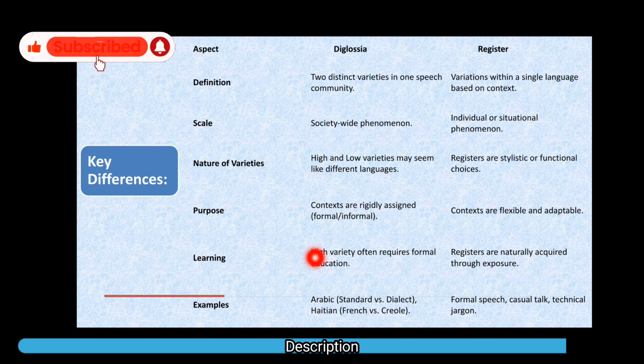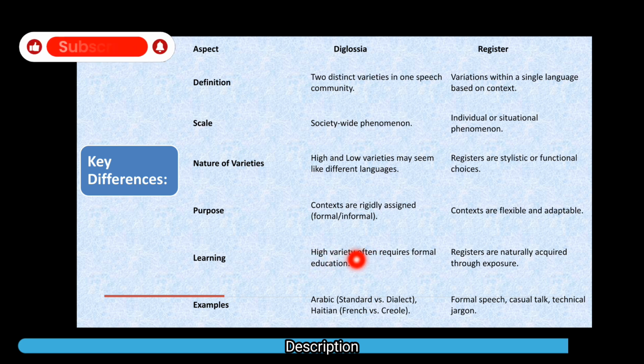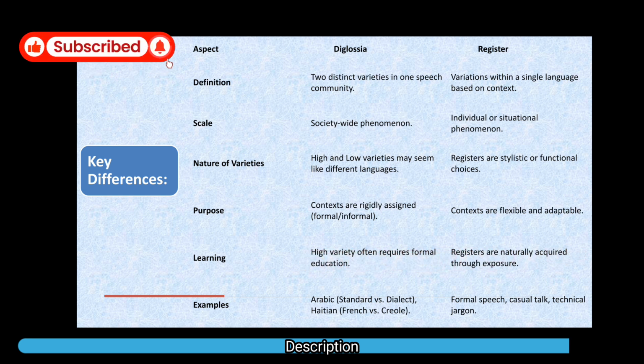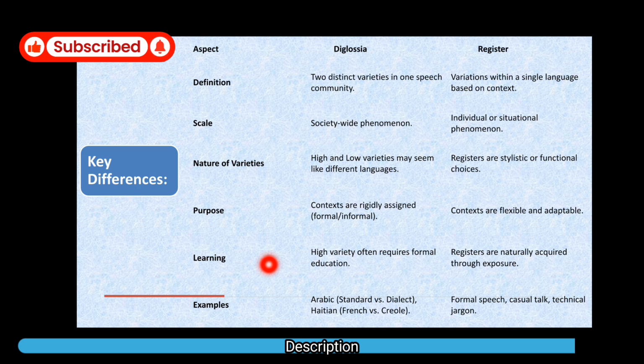Learning: the high variety often requires formal education, while register is acquired through exposure. If you have experience, you will use such kinds of words and tone. Examples: here we have Arabic standard versus dialect and Haitian French versus Creole.